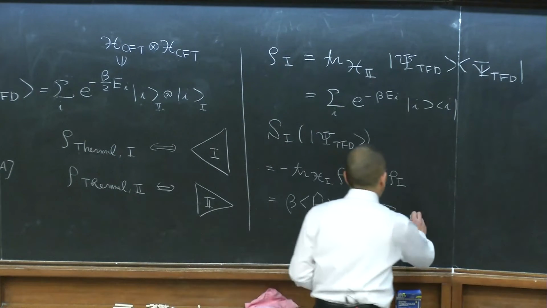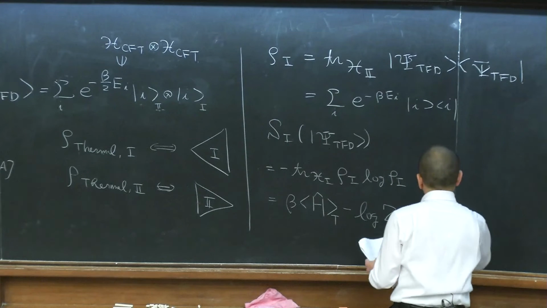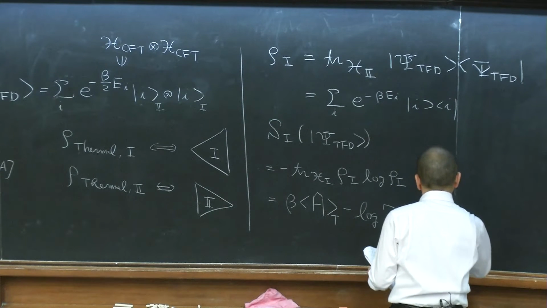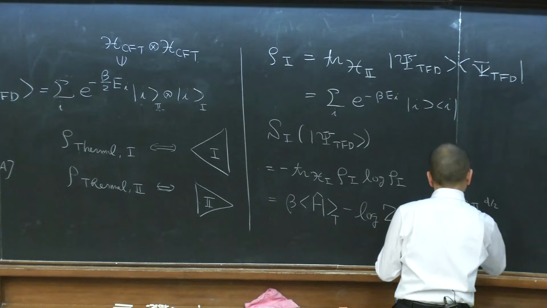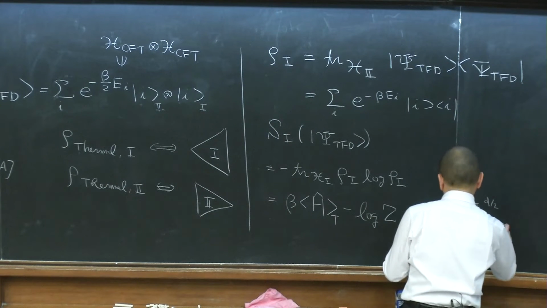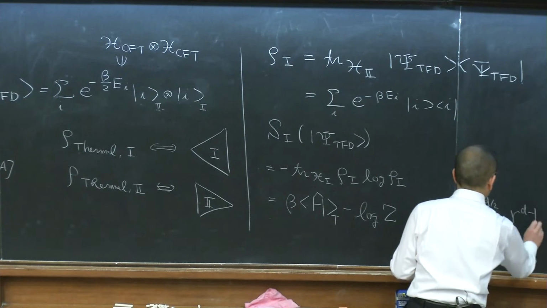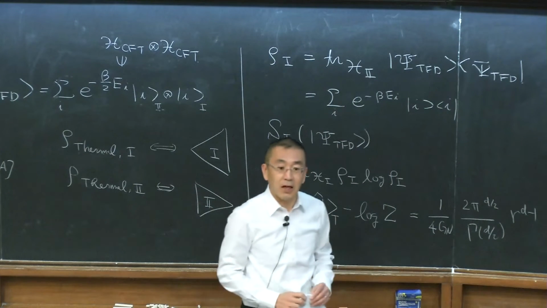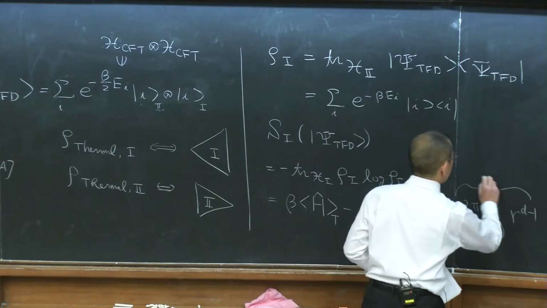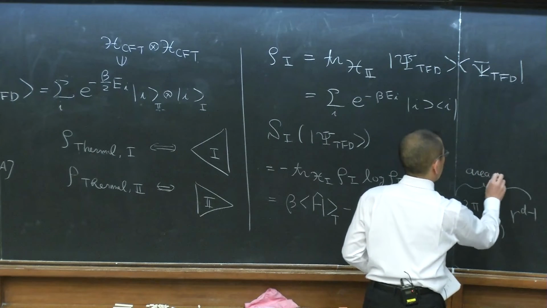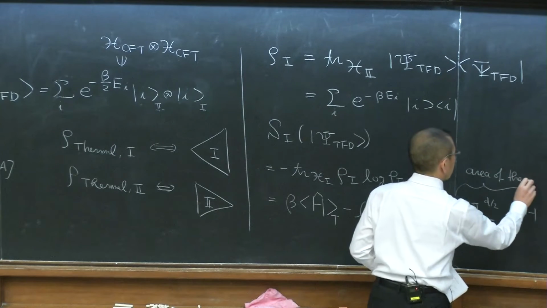And it's given by the Bekenstein-Hawking formula, which is 1/(4G) times 2 pi^(d/2)/Gamma(d/2) times r^(d-1), where r is the radius of the horizon of the black hole. This is basically the area of the horizon.